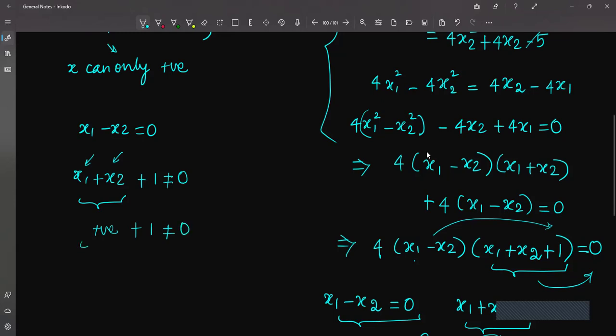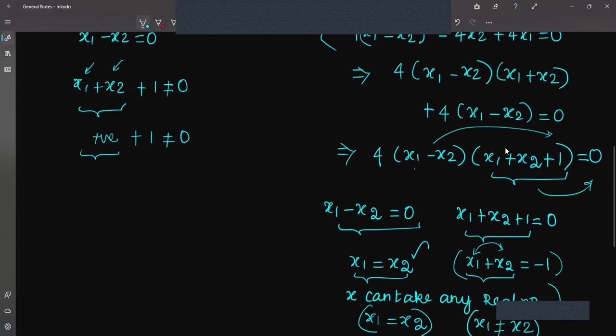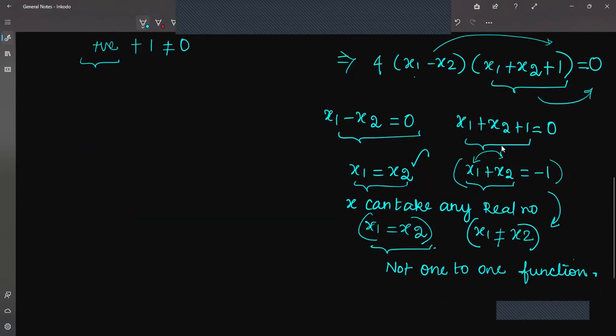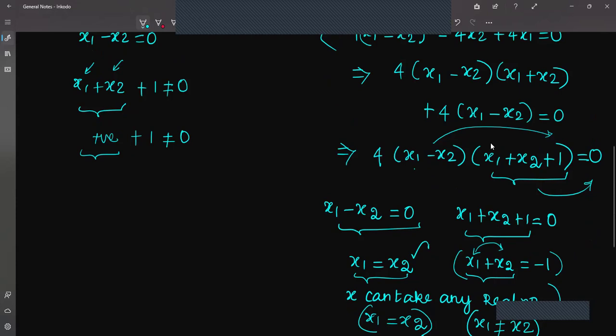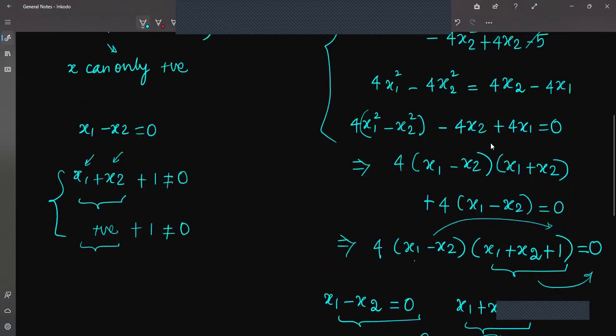So this has to be a negative number. When x1 and x2 are real numbers, x1 plus x2 can very well be equal to minus 1. But in this case, x1 plus x2 cannot be minus 1. So this case is not possible. x1 plus x2 plus 1 cannot be equal to 0. So only this is possible.